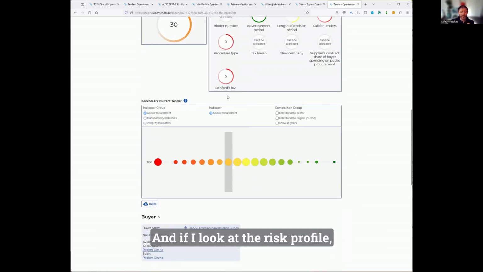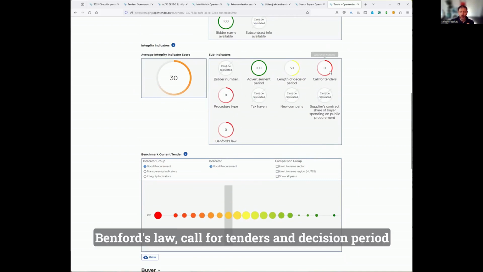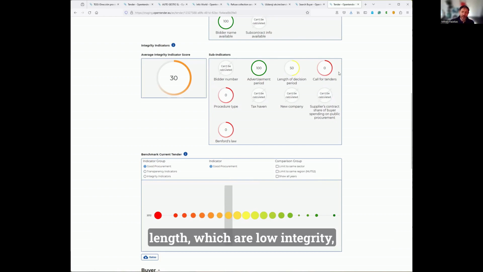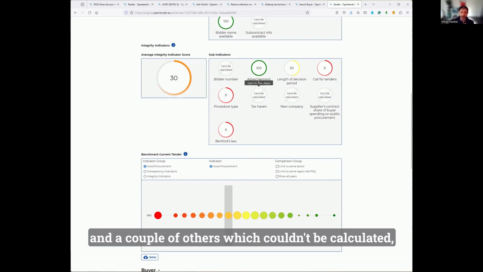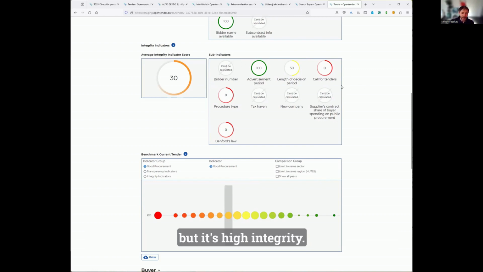And if I look at the risk profile, I have procedure type, Benford's law, call for tenders, and decision period length, which are low integrity, and a couple of others which couldn't be calculated, and advertisement period, which could be calculated, but it's high integrity.